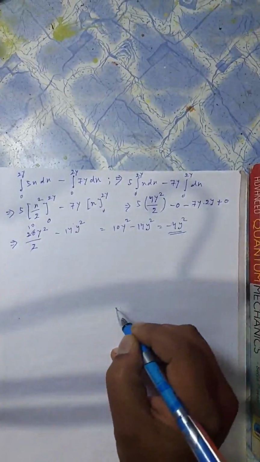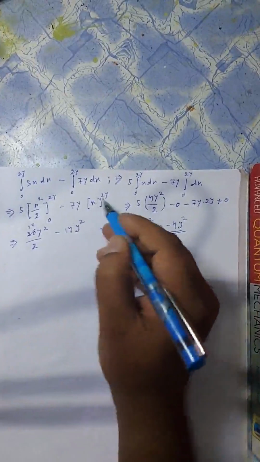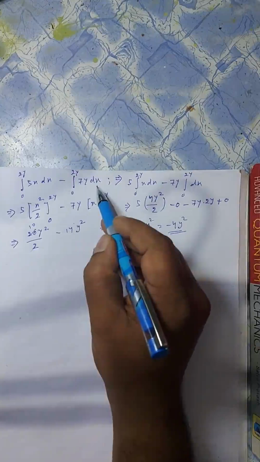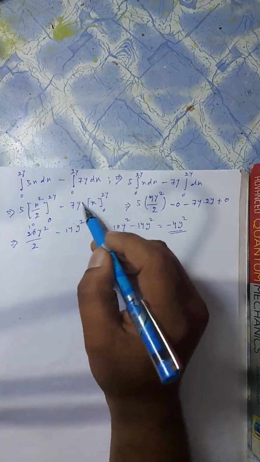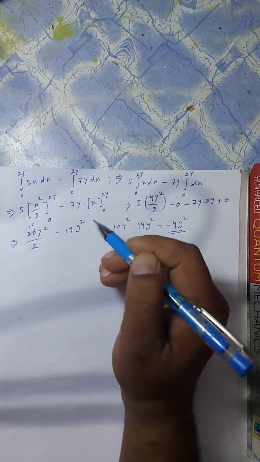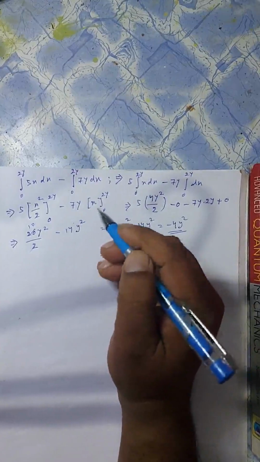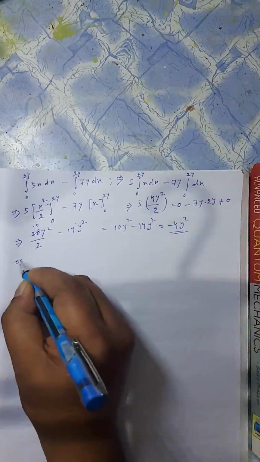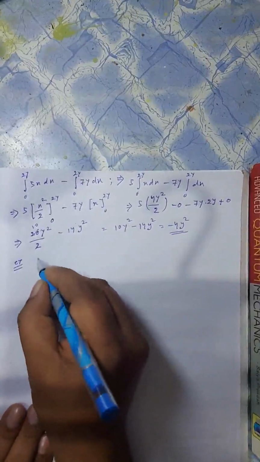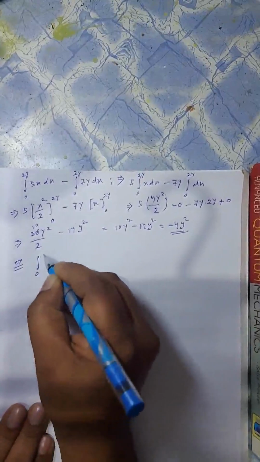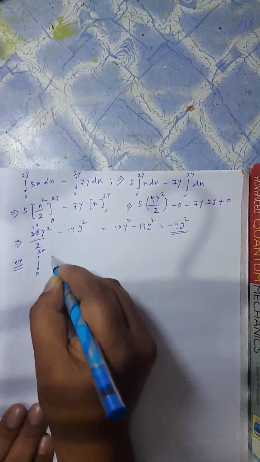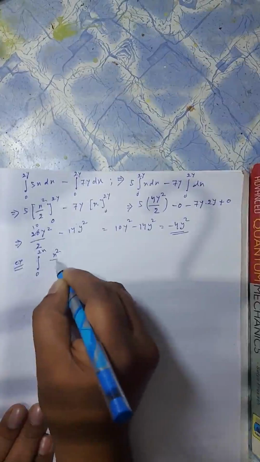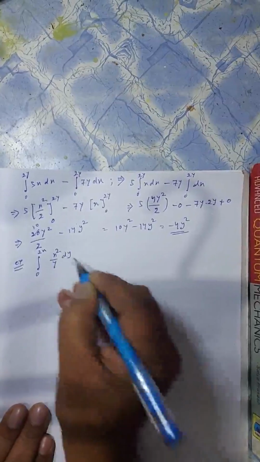This is the answer. So that means if we differentiate with respect to x keeping y as constant, or if we differentiate with respect to y keeping x constant, suppose another example: integration 0 to 2x of x square y dy.